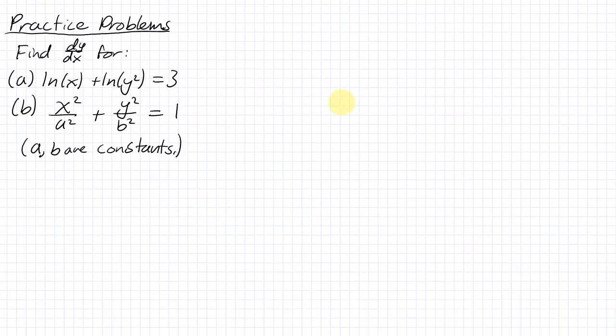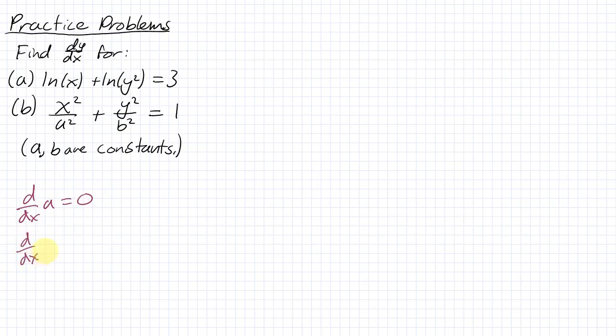Anyways, here's practice problems. More implicit differentiation problems. The second one here is a general form of equations of an ellipse, where a and b are constants here. So keep in mind that with constants, the derivative is 0.